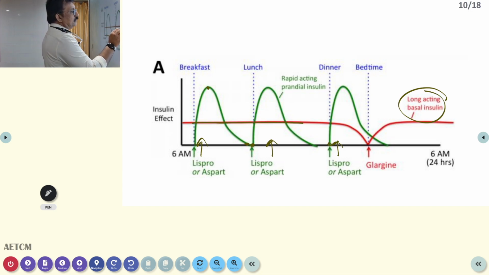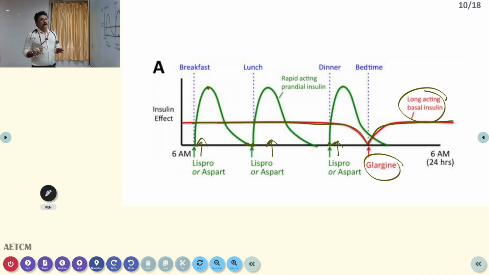That covers the hyperglycemic episodes in between the meals. We can give glargine or detemir, whatever it is. So this is one type of regimen. Normally premixed insulins are not very common, but nowadays we are getting mixtures of the short acting and long acting analog insulins also.